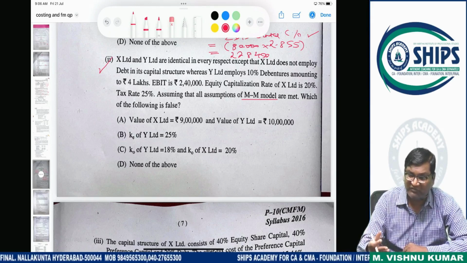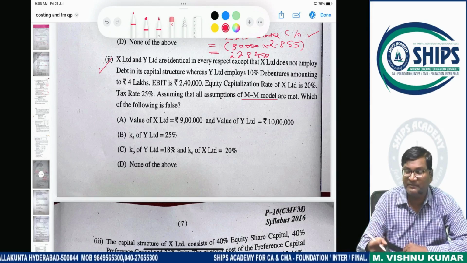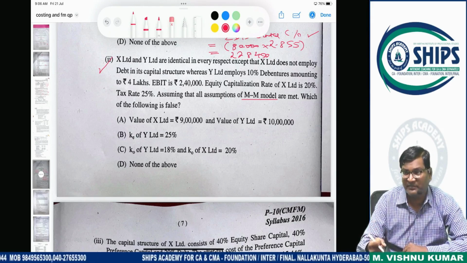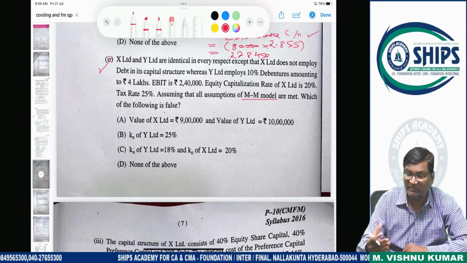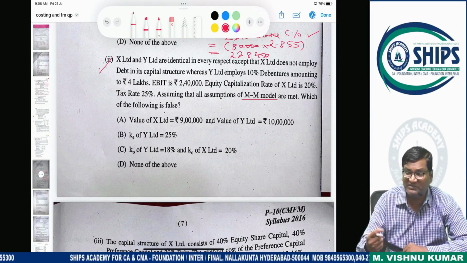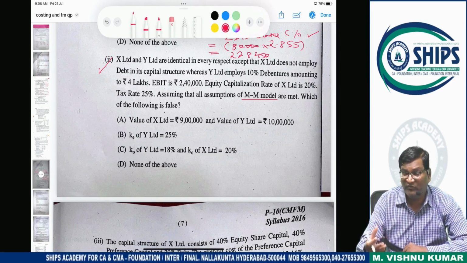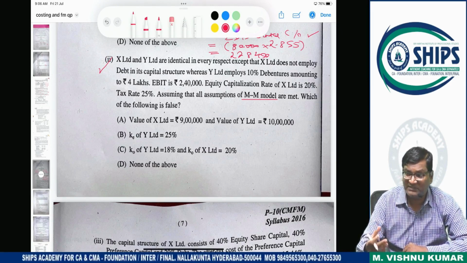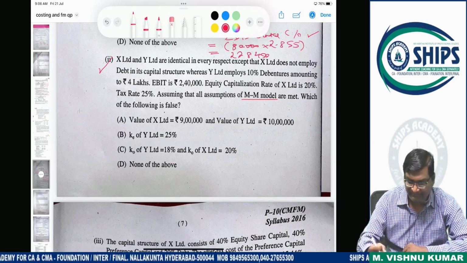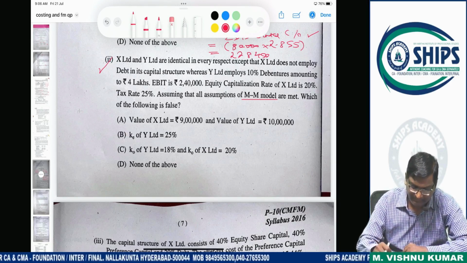First we will calculate the value of the unlevered firm, and thereafter we will add the tax benefit of debentures. That will give you the value of the levered firm. This we understand in our regular classes. So value of unlevered firm plus tax benefit on debentures gives the value of the levered firm. This you have to calculate first.